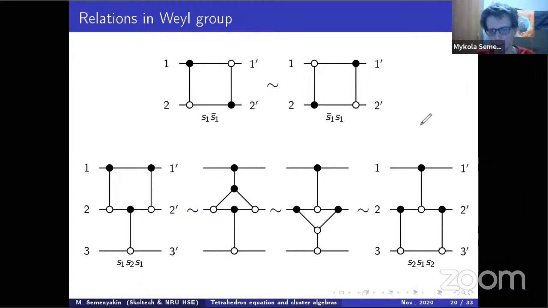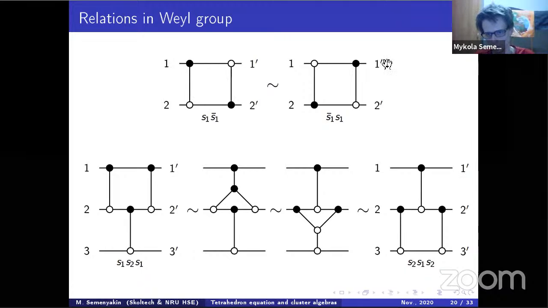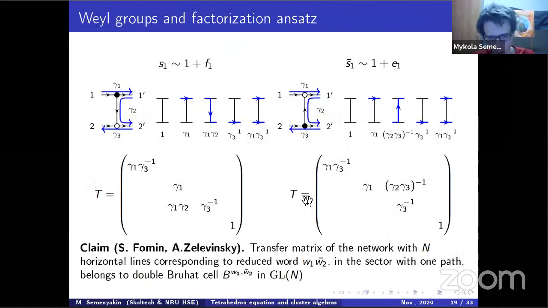And in fact, the relation which transfer matrices satisfy is Si square is equal to Si, and this is semigroup, or half group, but this is enough to deal with reduced words, and this is why I wrote here reduced words.